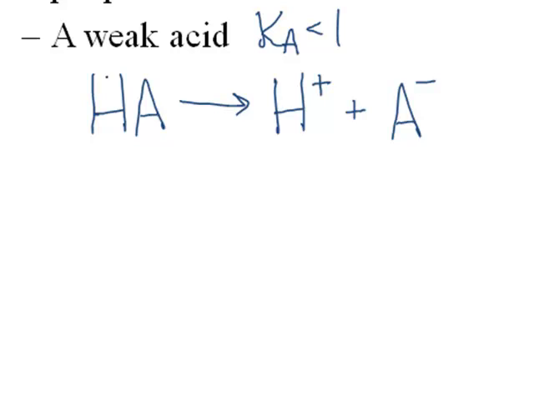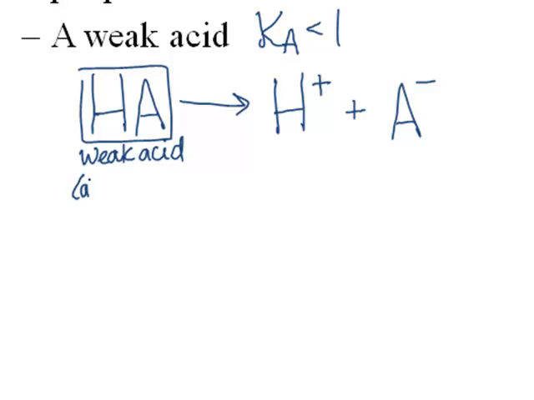The reason we need a weak acid is that HA, or our weak acid, doesn't dissociate and doesn't donate 100% of the time. So there will always be some of the HA present. If we had put a strong acid in here, the HA would all donate, it would all dissociate, and I'd have nothing left but the products H+ and A-.